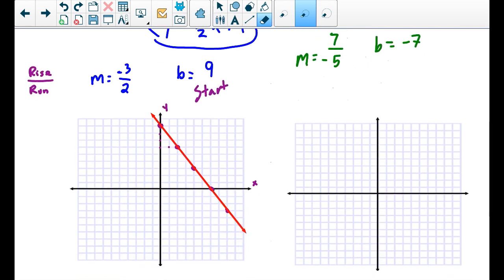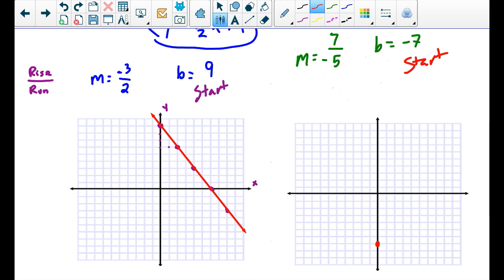Starting at -7, right? So start at -7, plot that point, 1, 2, 3, 4, 5, 6, 7, -7, y-intercept. From there, what's my slope? Careful, up 7 over 5.